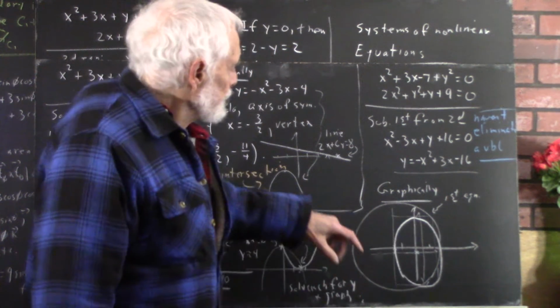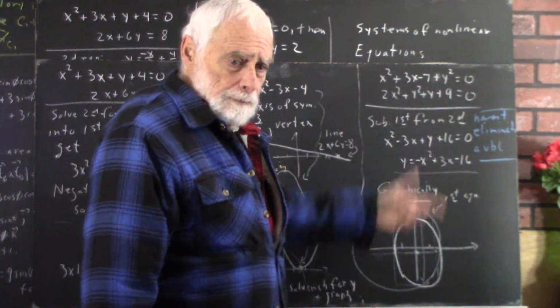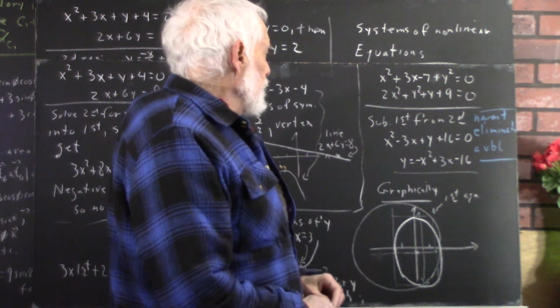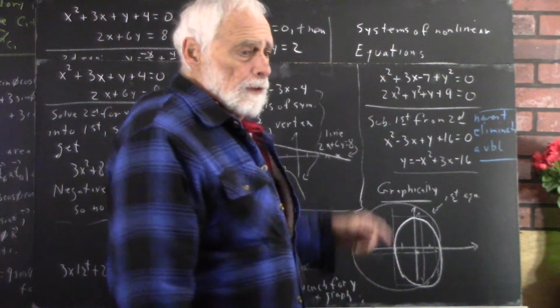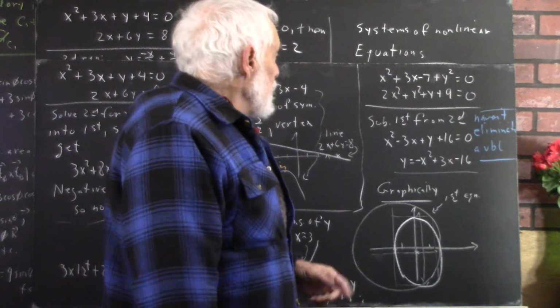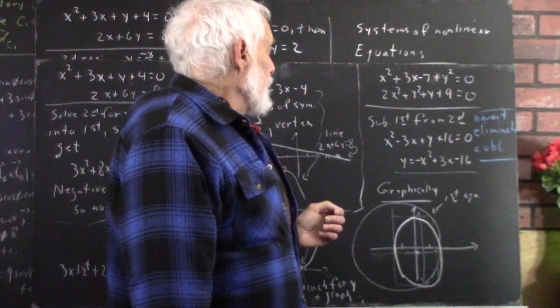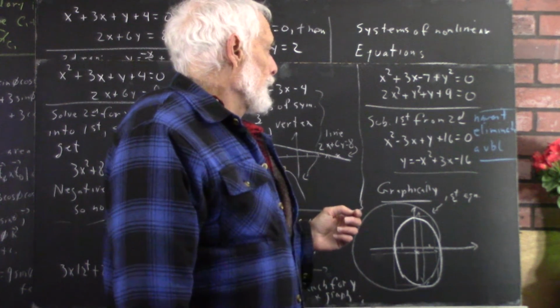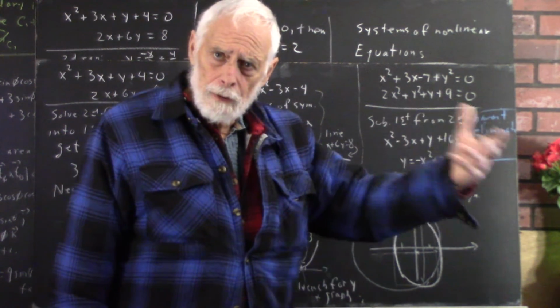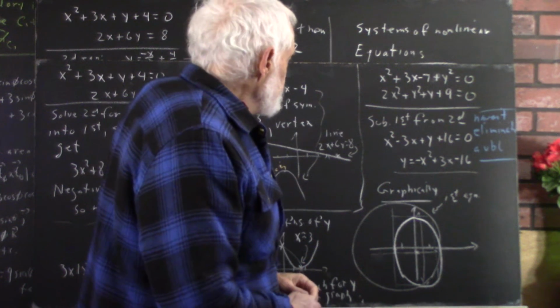Don't want to explain it. Okay, well, that didn't work. We didn't eliminate a variable, and it actually turns out to be pretty difficult to eliminate a variable here. It could be done, but only with a fair amount of trouble, more than we want to go to at this level.